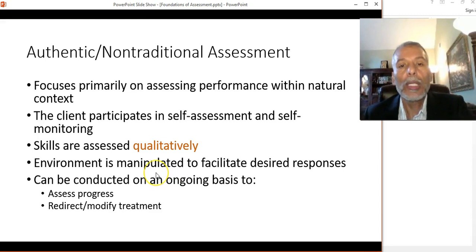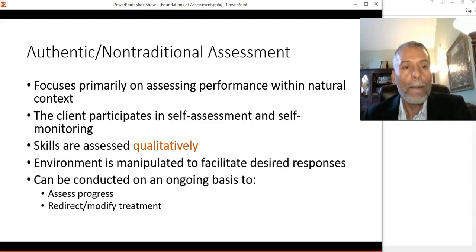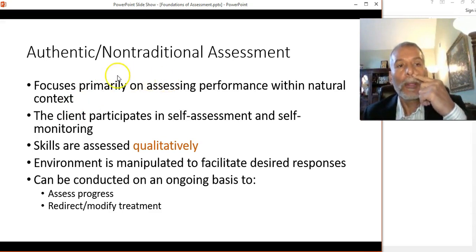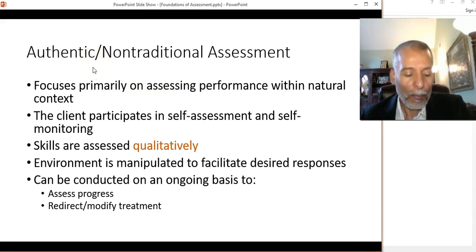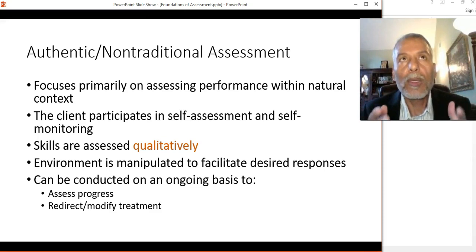So the idea of authentic assessment generally, it's a non-traditional way because, some experts will say, well, the standardized test just has a limited number of items.